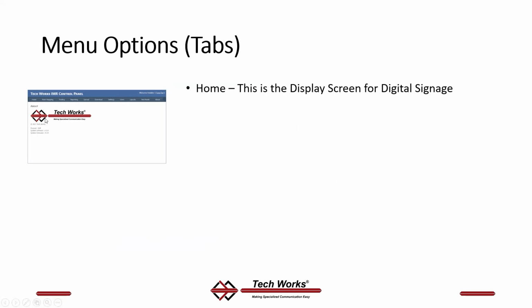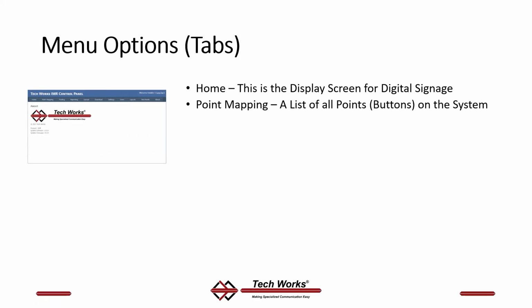Home, this button on the left, this is where you go to see the display of your points. If you're a simple user, all you can do is go to home. Home takes you to what your display is. About tells you about the system, but home shows you the pretty picture.